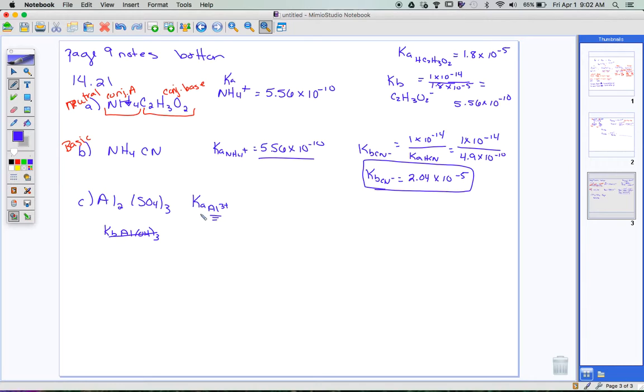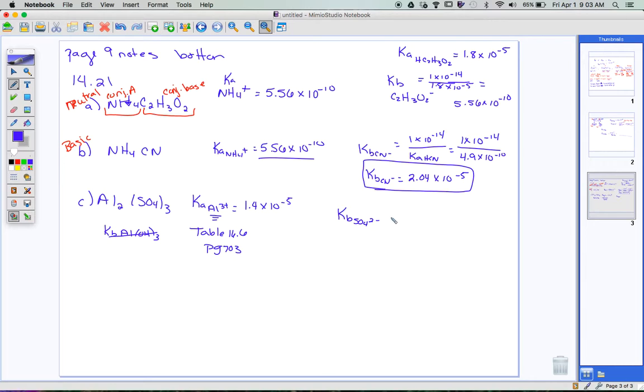There is a table for this, and it's table 16.6 on page 703. If you look up the Ka for that, it's 1.4 times 10 to the negative 5th. And even if you couldn't look that up, if you start to look at the SO4 2 minus, we need the Kb for SO4 2 minus.